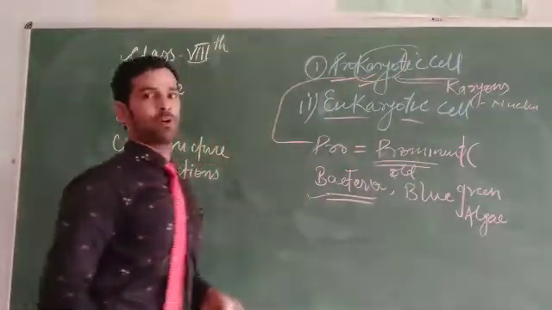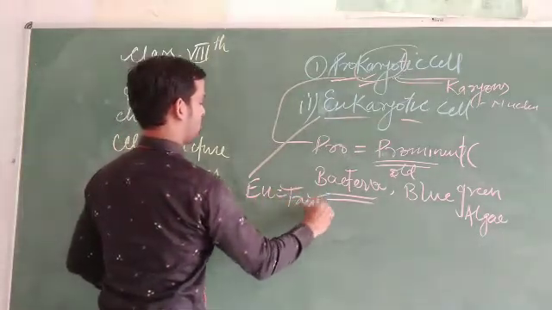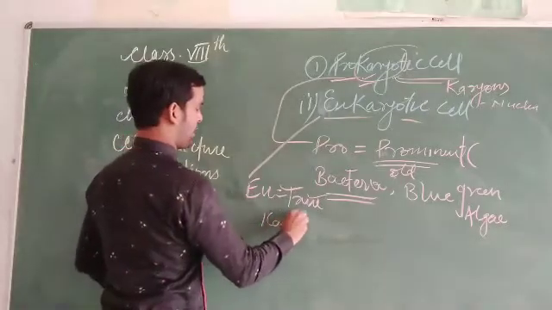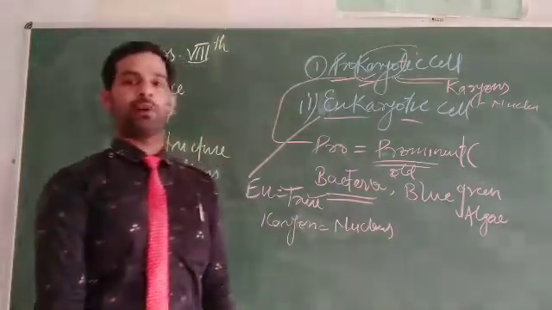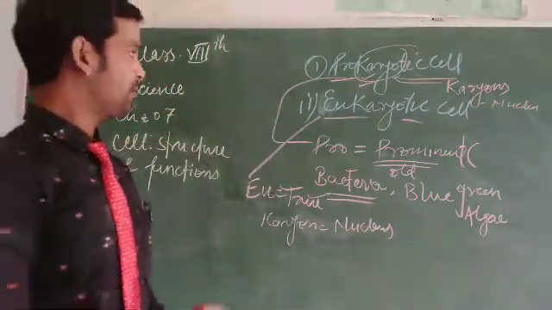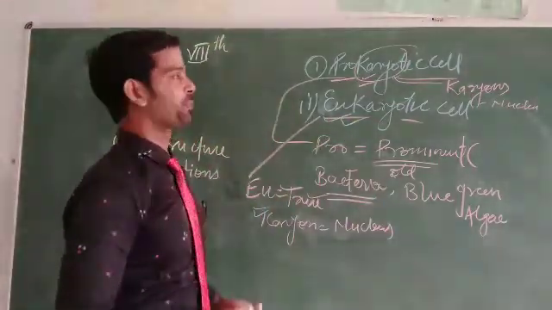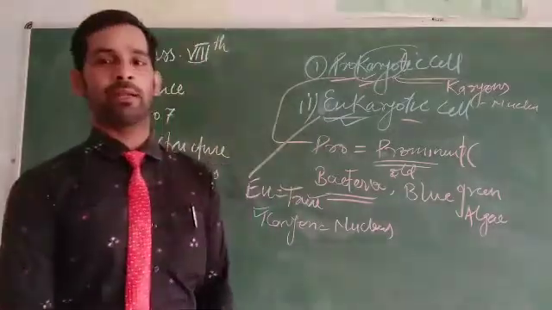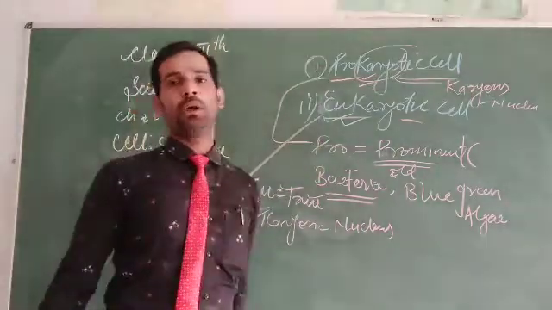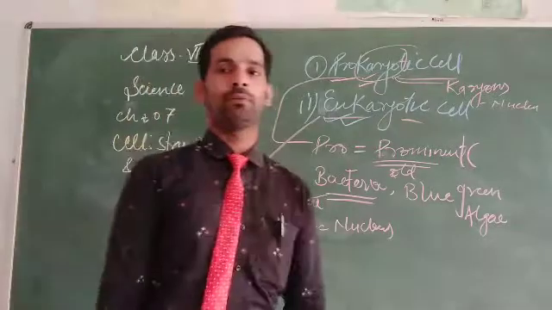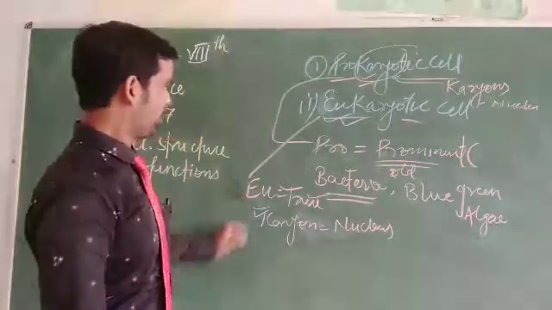And what is a eukaryotic cell? Eu means true, and karyon, as I have already told you, means nucleus. So a well-defined nucleus is found in a eukaryotic cell. This type of cell is found in organisms that have a well-defined nucleus.